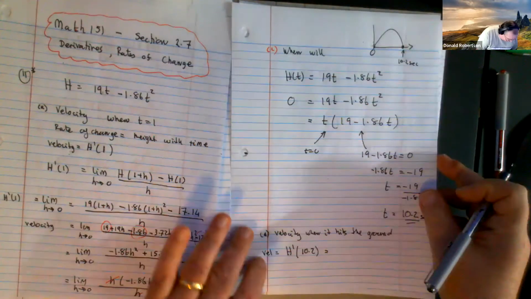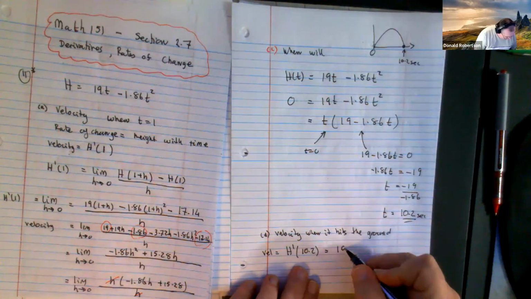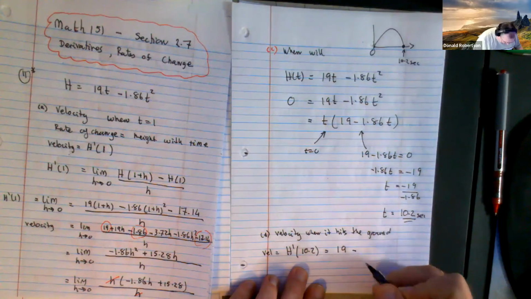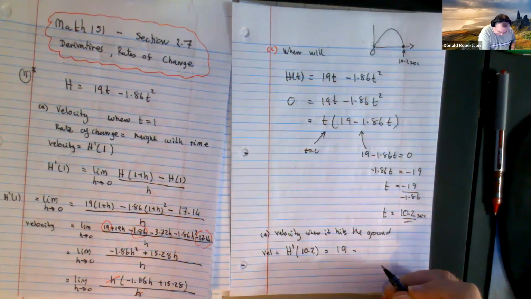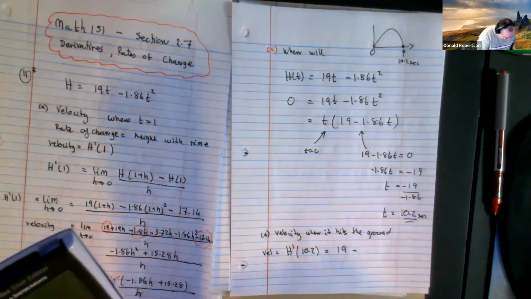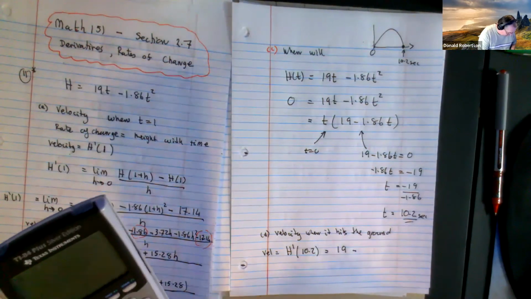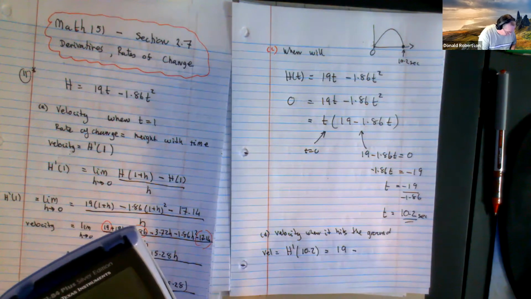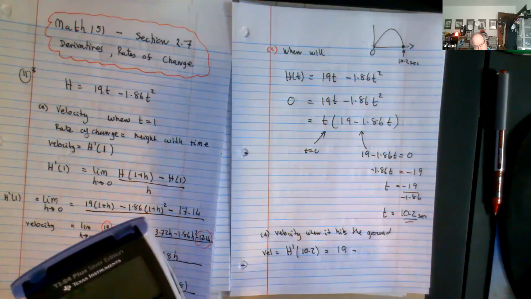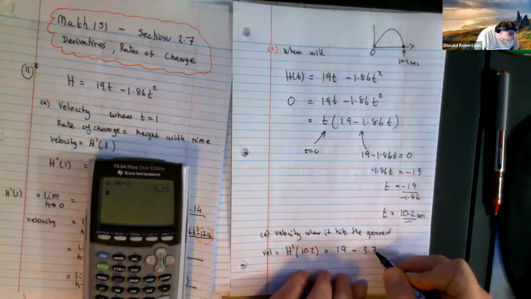It's going to be 19 take away, oh, darn it, I should keep numbers handy. Two of these, so let's take away 1.86 times 2. Right, so let's take away 3.72 times t.